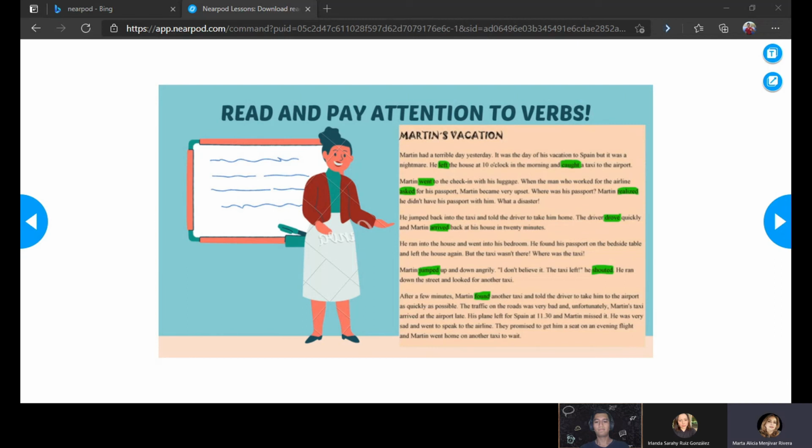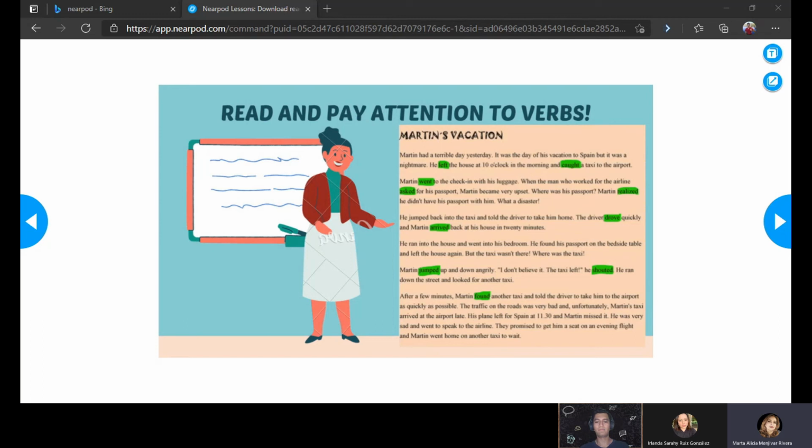arrived at the airport late. His plane left for Spain at 11:30 and Martin missed it. He was very sad and went to speak to the airline.